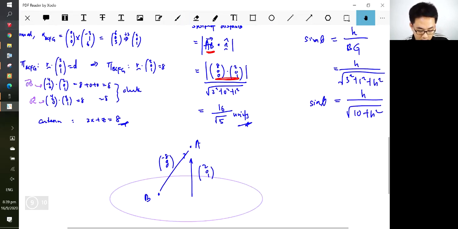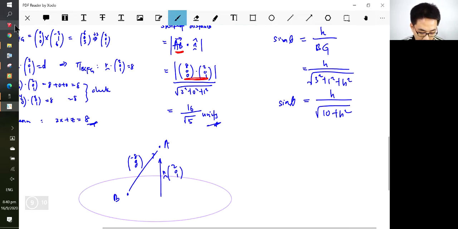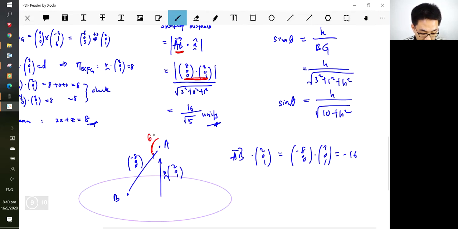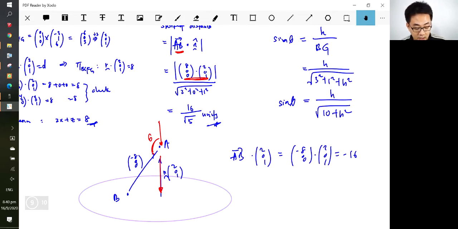In this case, if you take A to B dot with 201, this would be minus 200 dot with 201. This is actually negative 16. Negative 16 meaning to say it's actually obtuse. It's actually this angle here. So actually this normal is pointing downwards. I repeat, this normal is pointing downwards.